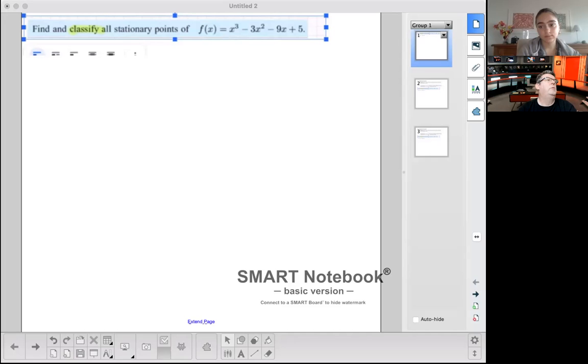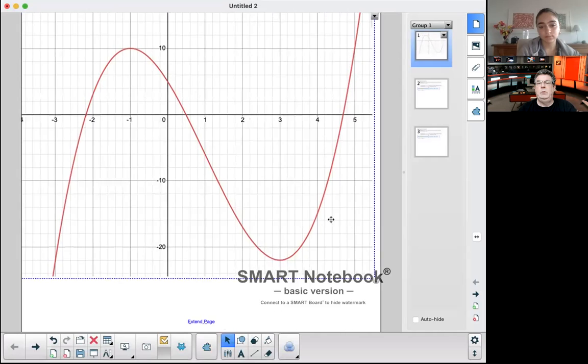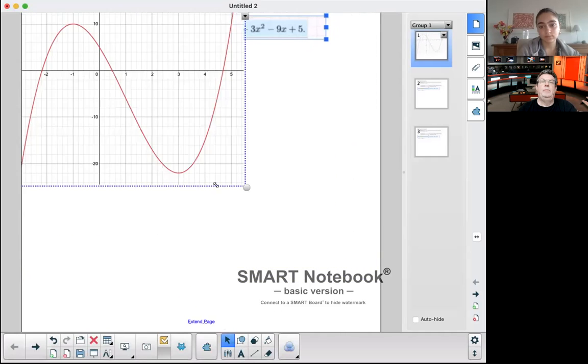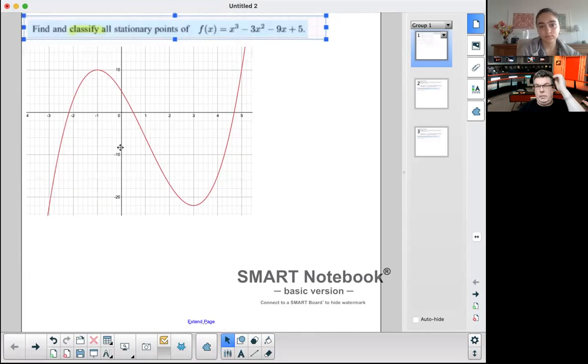All right, so here's the graph of that function. And I want to do one more thing here.